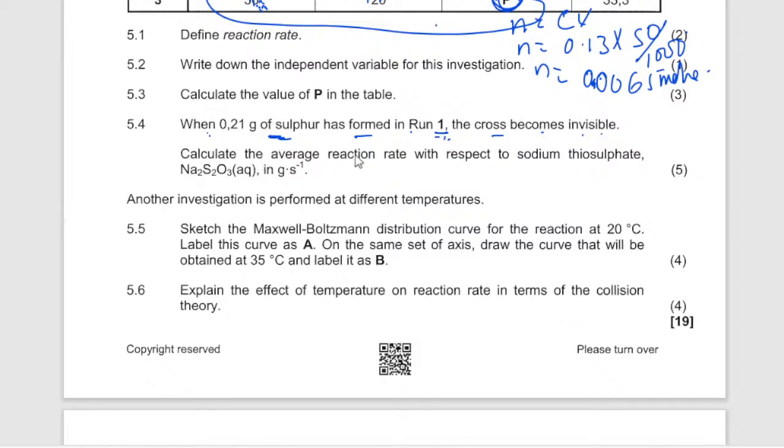Calculate the average rate with respect to sodium thiosulfate. So what am I going to look at here?